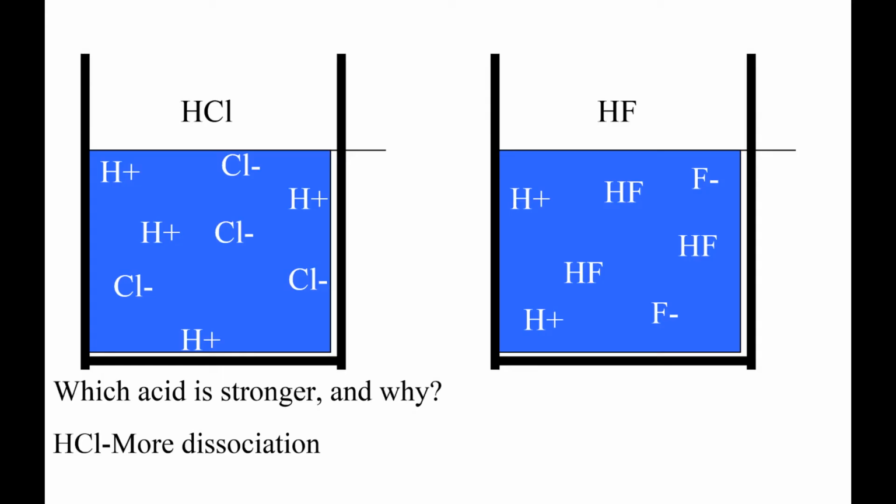Okay, going with the definition of an acid, that an acid is one that increases H+ ion concentration, let's look at these two, HCl. Here are some H+ ions, or H3O+. Here's just a couple for the HF, hydrofluoric acid. So, which one is the stronger acid?